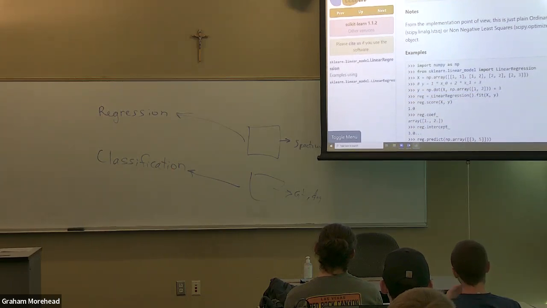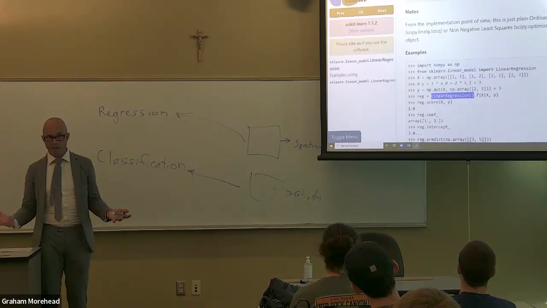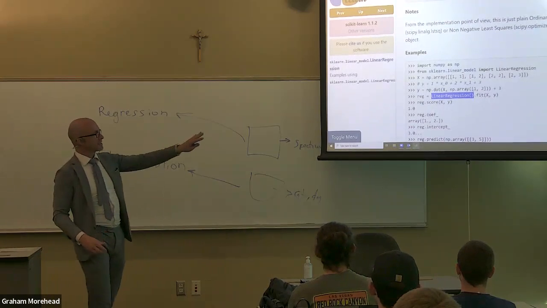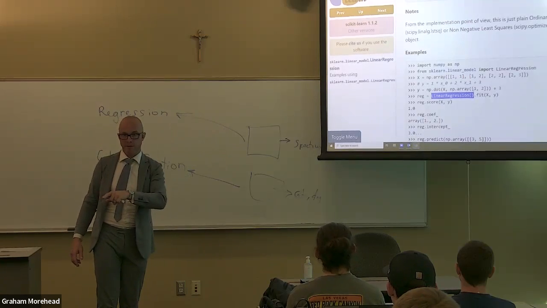First of all, LinearRegression() with open and close parentheses is actually the creation of the object, just like I had you instantiate your object and then call predict. Here they instantiate the object and then call fit.